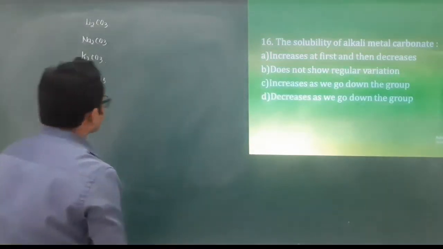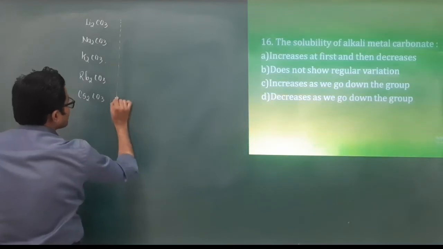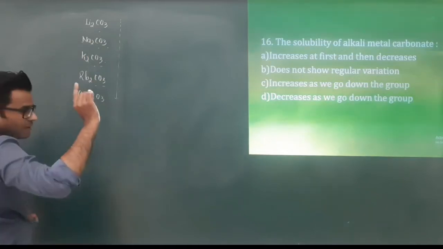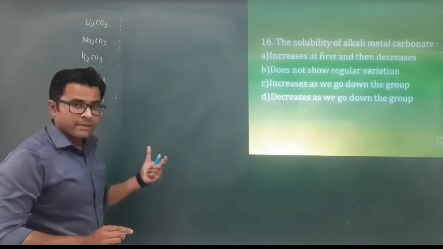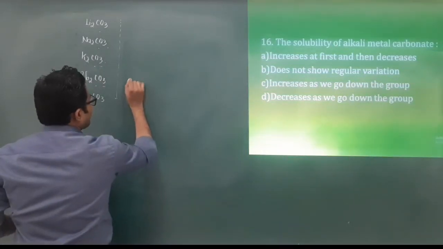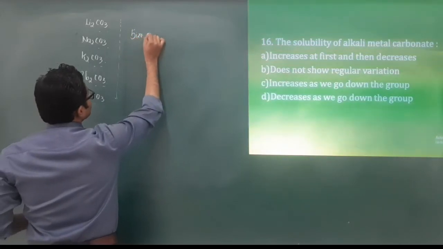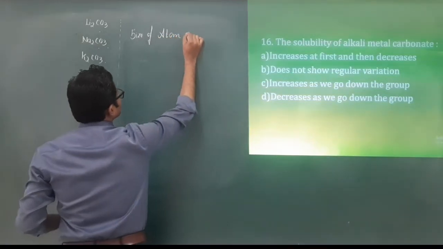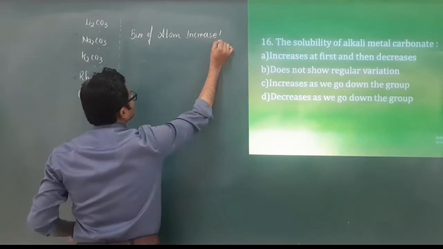So what happens when we come down the group? Of course, the carbonate section remains common in all the cases. What changes is the size of these particular atoms. As we come down the group, the size of the atom is going to increase.